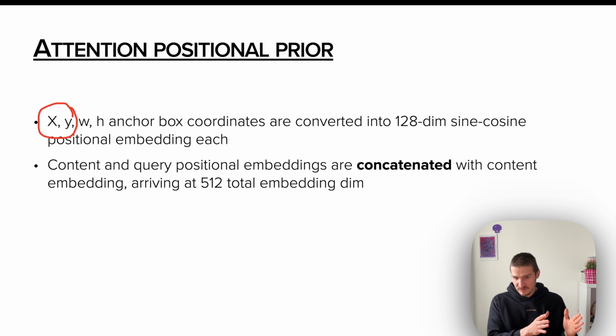So we get a 256 position embedding for that, and we put it in this final vector that will participate in the attention in the same position as this X and Y positional embedding from the content, which means that during self-attention, the 2 positional embeddings will interact with each other.